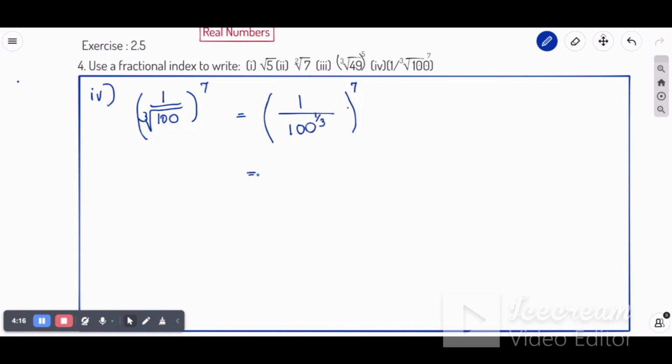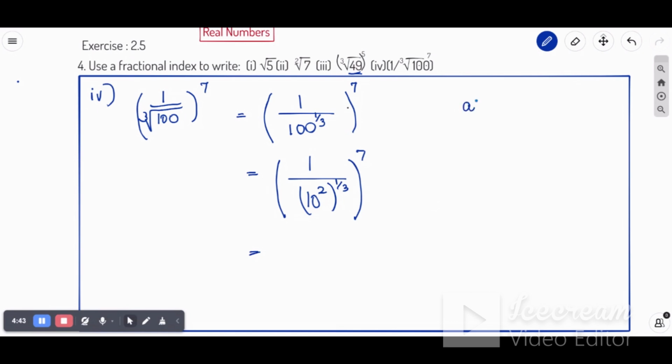Now, as we did in the previous question for 49, 100 can be written as 10 square. So write it as 10 square, the whole power 1 by 3, the whole power 7. Write your numbers clearly; this board is making it look like 7. Now we have to apply that formula.